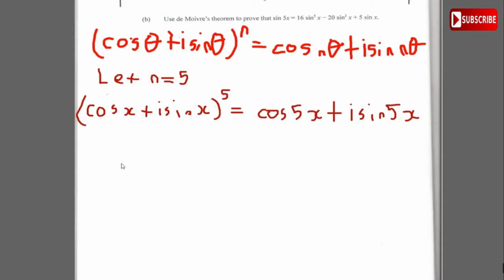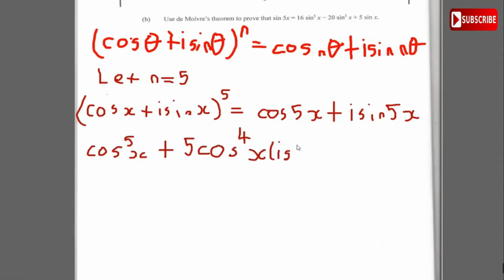This is how we expand to the 5th power. It's going to be cos to the 5th power of x, plus 5 times cos to the 4th power of x, multiplied by i sine x.